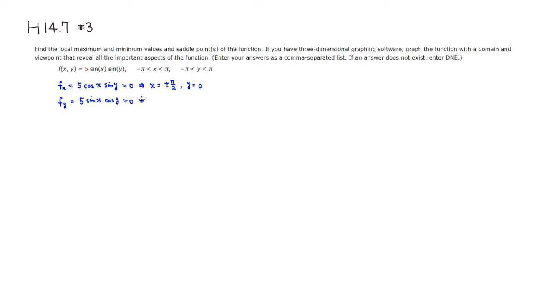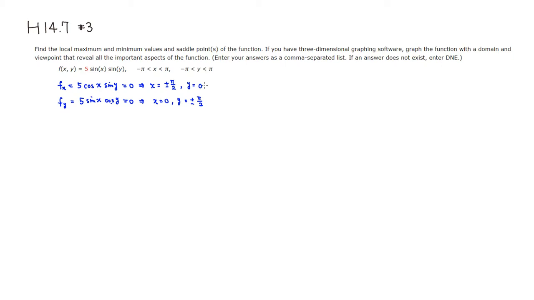Here, x is equal to 0, or we can make cosine of y equal to 0, so y is equal to plus or minus pi over 2. So we have to do that.